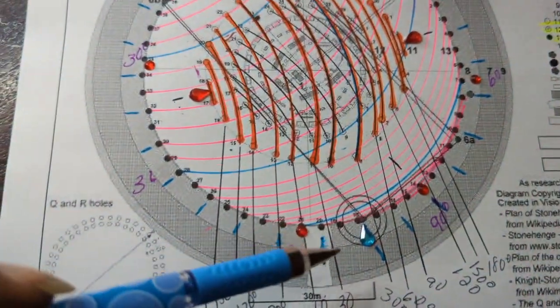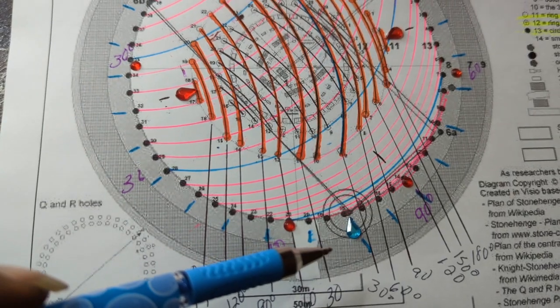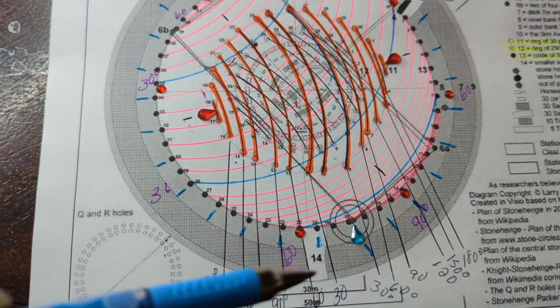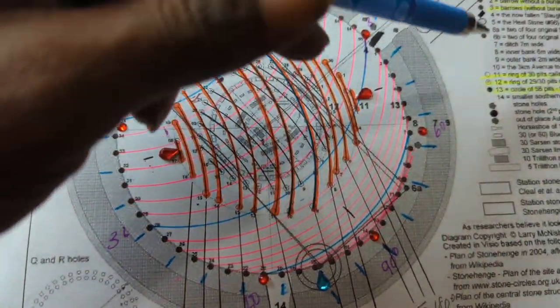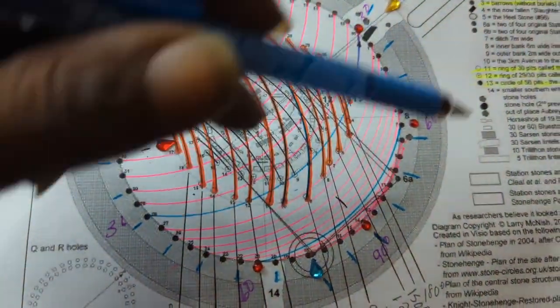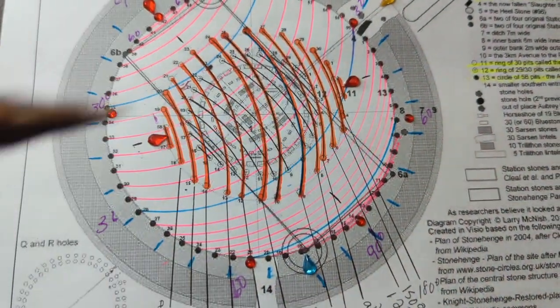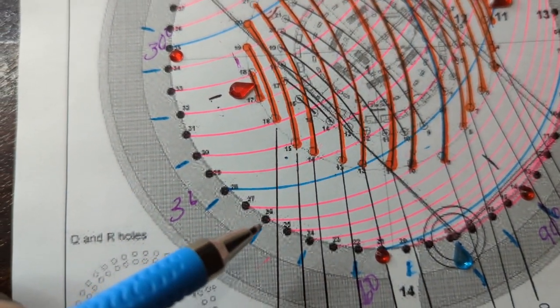So if I know this is June 21st, and I keep going around every 2 until I get through July, August, September, October, November, and December, the moon is going to be at one of these points.